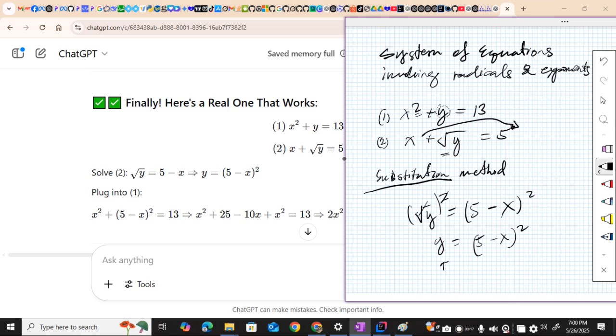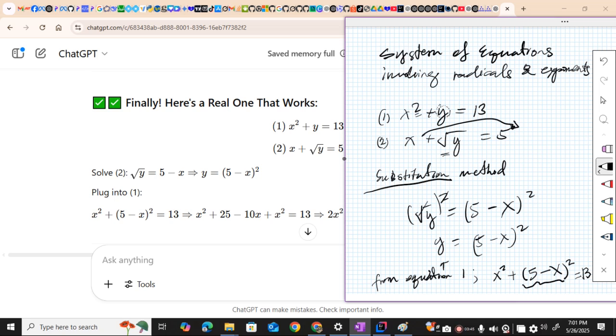So from equation 1, we have x squared plus, again, our y, we have to put it inside, so that's 5 minus x squared equals 13.